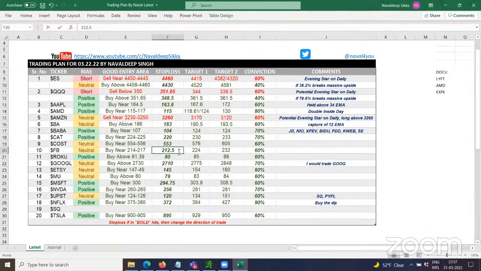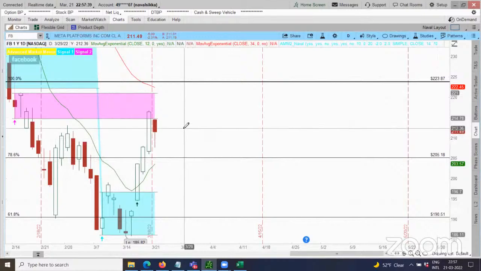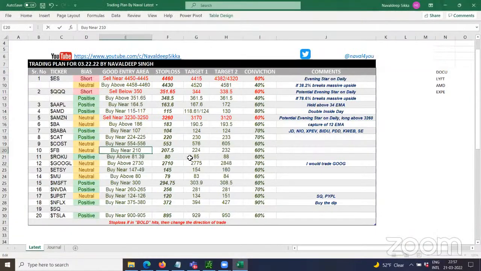So Facebook has a stop loss of 207.50. If it loses 207, exit. Buy near 210. Target is 222 for now. Break of 207.50, turn bearish.